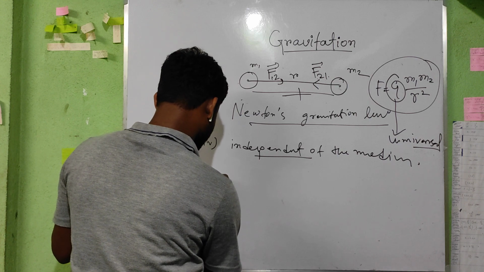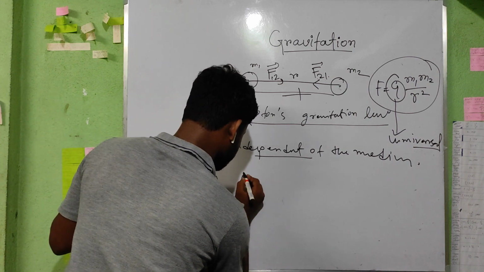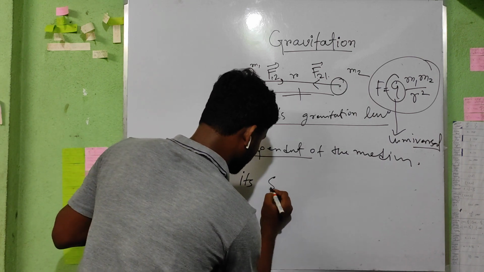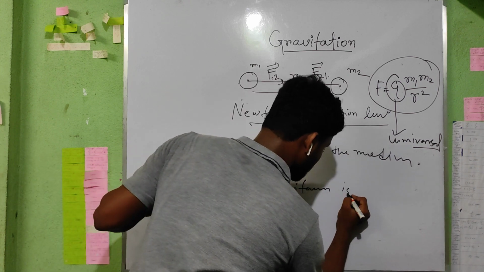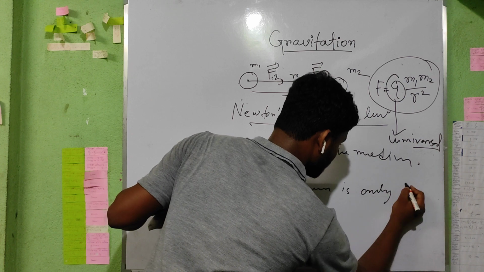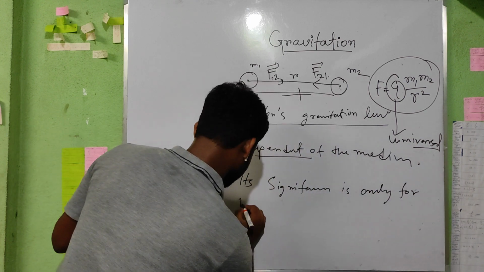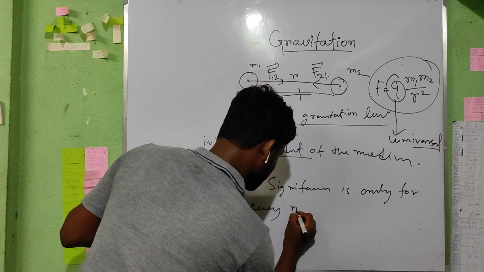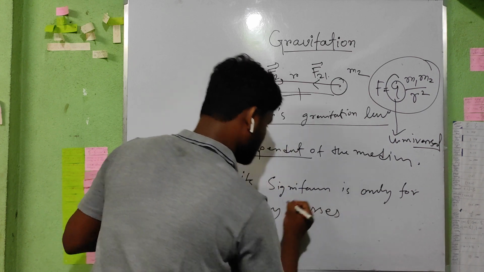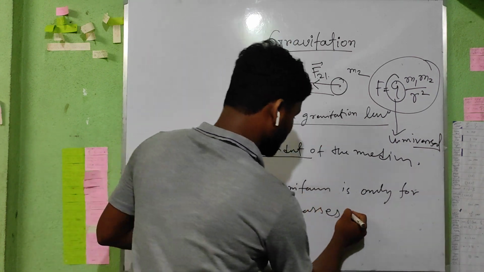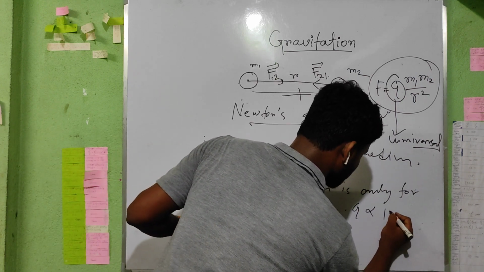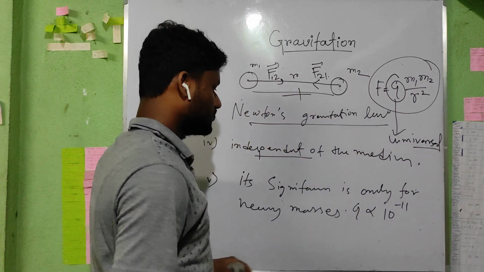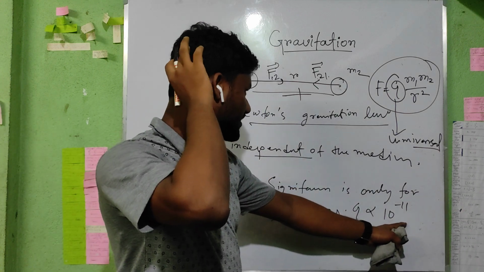And 5, which is its effectiveness or its significance, is only for heavy masses. What does that mean? Now we found out that G is of the order of 10 to the power minus 11.